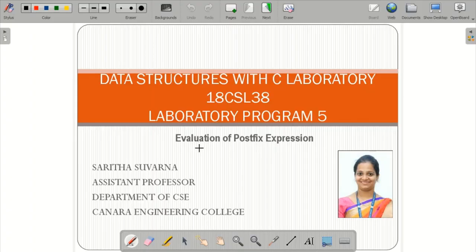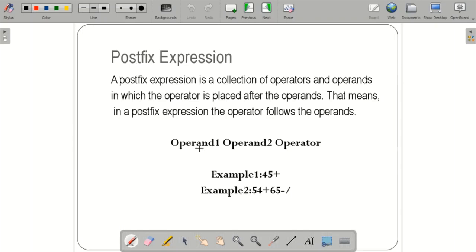Before we go to the program, let us see what a Postfix expression is. A Postfix expression is a collection of operators and operands in which the operator is placed after the operands. You know what operators are. While evaluating a Postfix expression, the operand should be an integer.